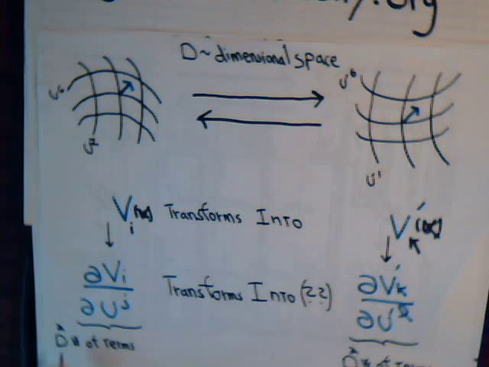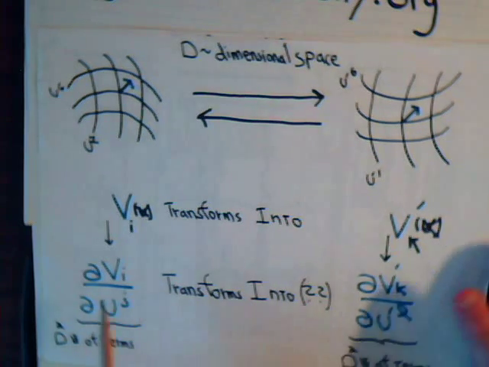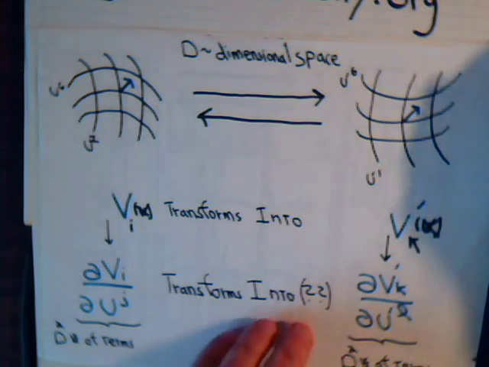In each case we had a d-squared number of terms, and we asked ourselves, do this collection of partial derivatives behave like the components of a tensor? If they did, then these partial derivatives of covariant components would transform the way a covariant tensor transforms. And that didn't happen.